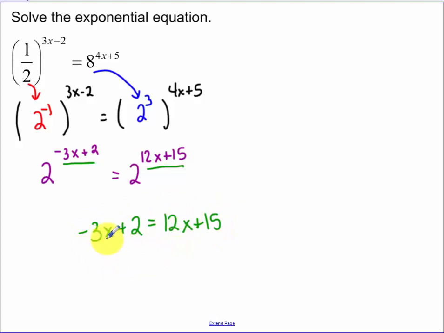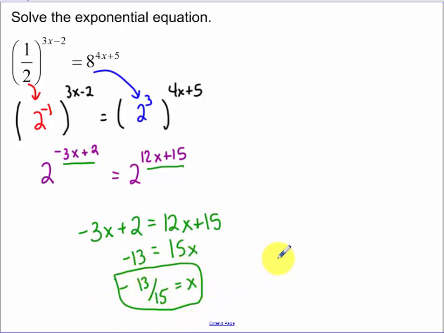Add the 3x over, so I get 15x. I subtract the 15 over to get a negative 13. So we get negative 13 over 15. And you can just leave it like that. Because I made up the problem, it's okay that it's kind of a funky fraction. So don't get nervous if you get a scary looking fraction.